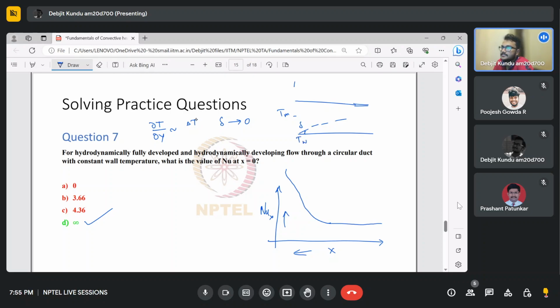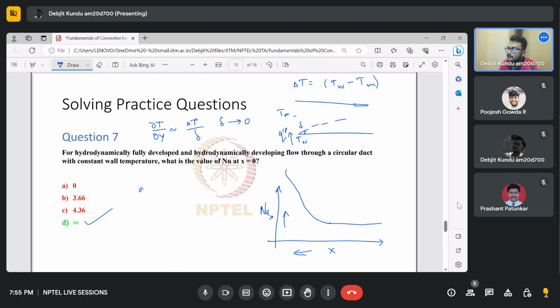I'm calling this delta T. This difference is over a very small distance, that is delta. So this would result in a very high amount of heat flux at x equal to 0. So that's why h would be high.